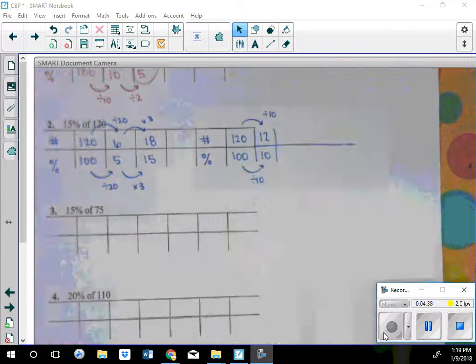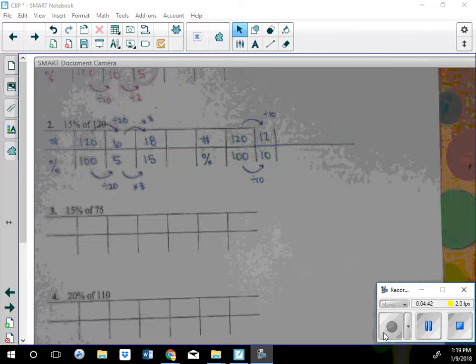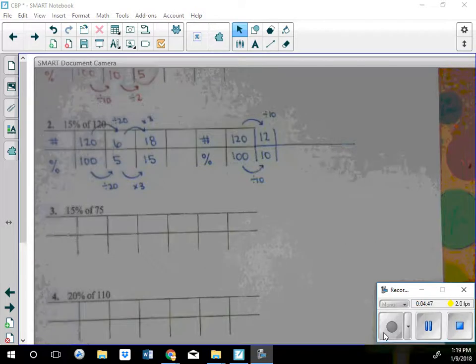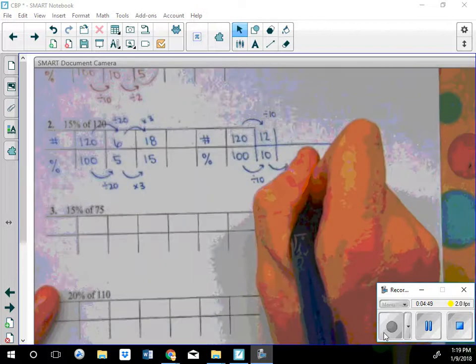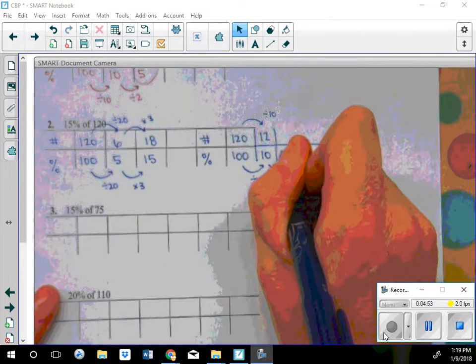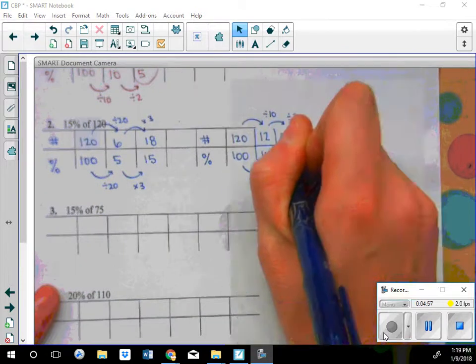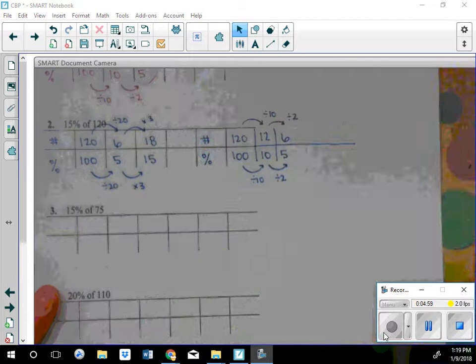Now I'm going to think about how can I use 10 to build up to 15%. What are you thinking? Divide by 2. That's great. Divided by 2 would be 5%. Okay, so 6 would be 5%. Sure.